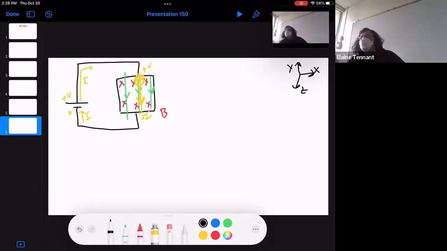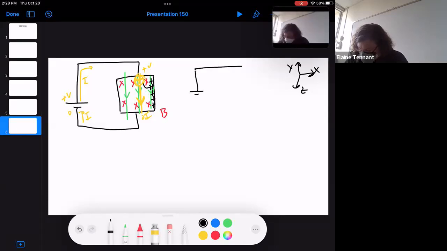To the right. Okay, so if I have positive charges floating down through here, some of these charges are going to start to build up on that side.